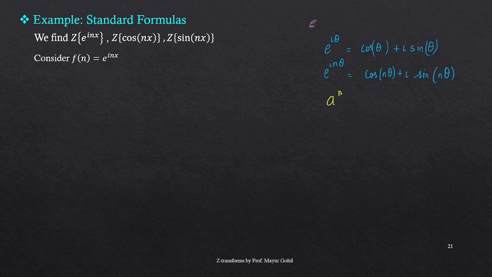Like if you have a to the power m n, this can be seen in two different ways. The first way is a raised to m whole to the power n. Another way is a raised to n whole raised to m. And this is the same as a raised to nm.